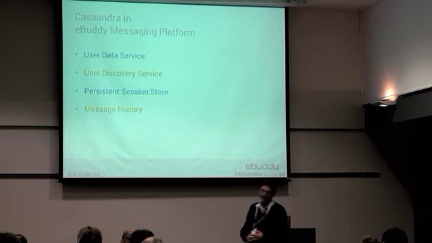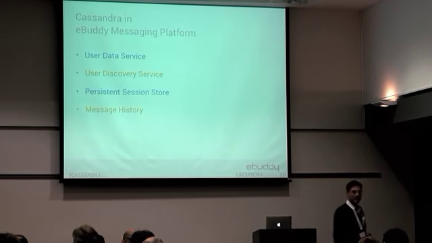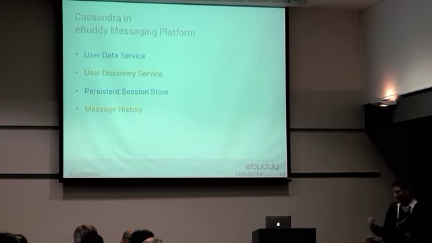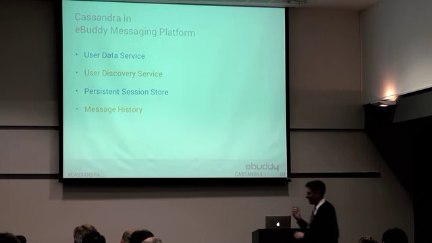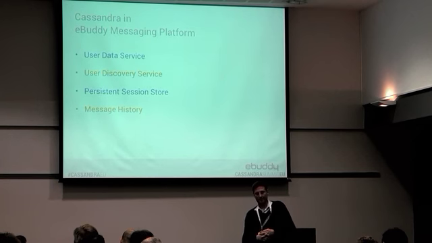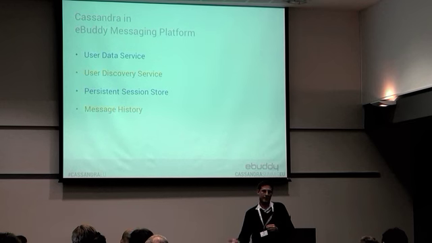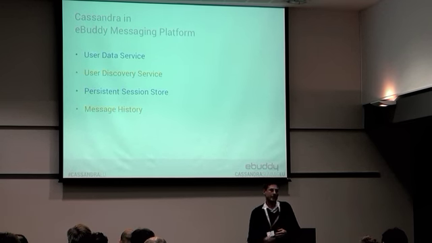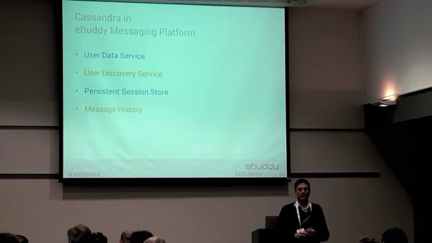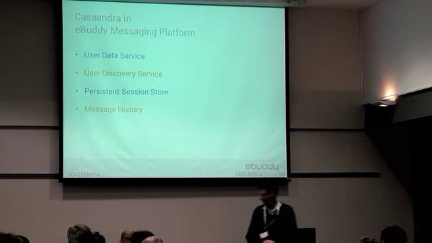We also use it for message history. So when you connect with a client, there may be some state on the client or there may not be, but the client can query XMS to get the message history for its conversations, and we store all the message history in Cassandra as well.